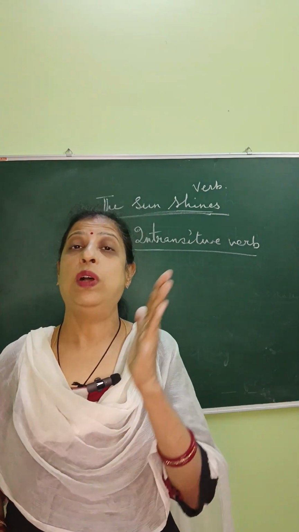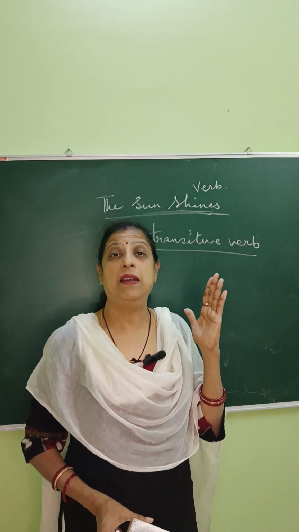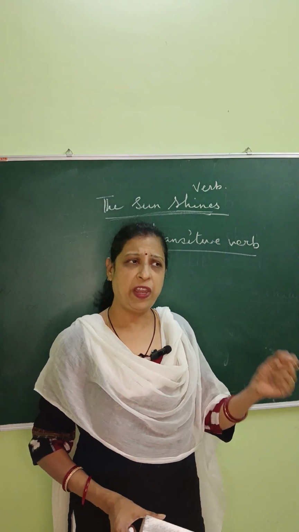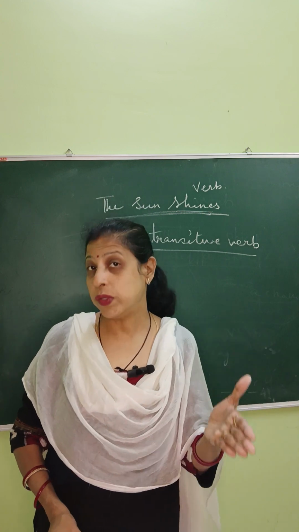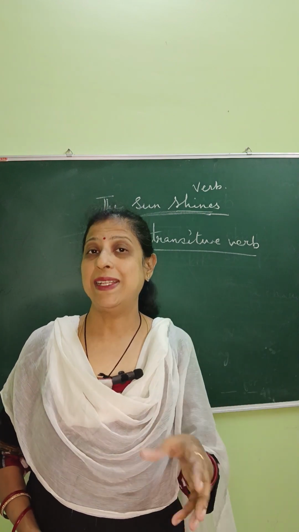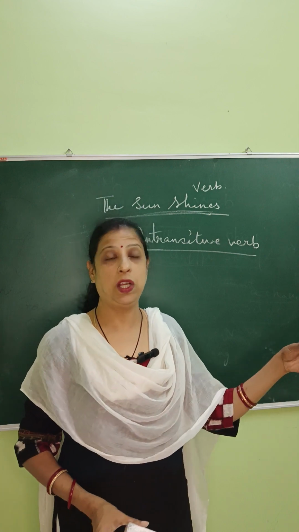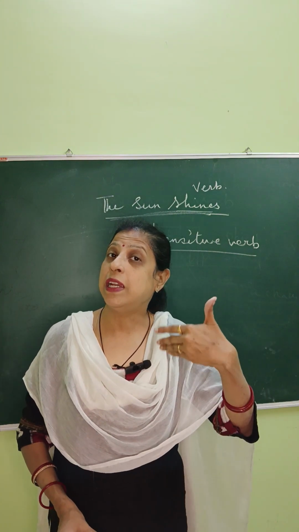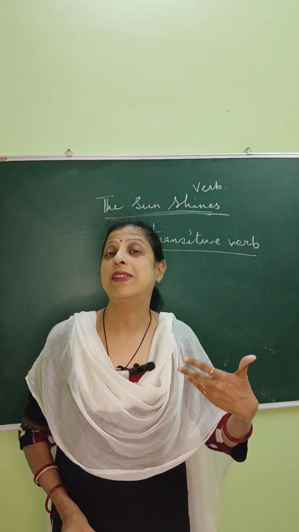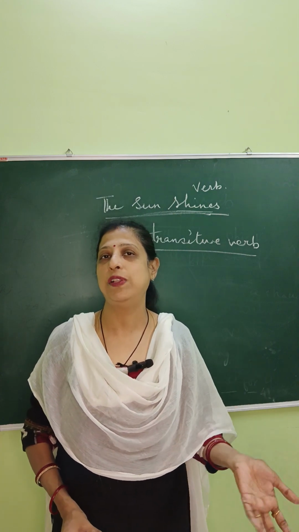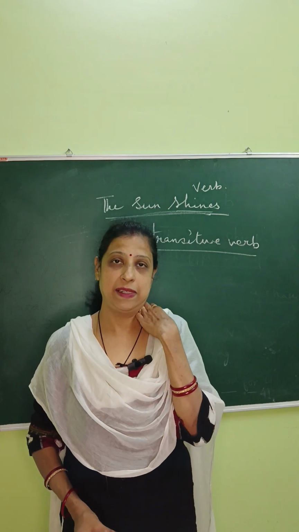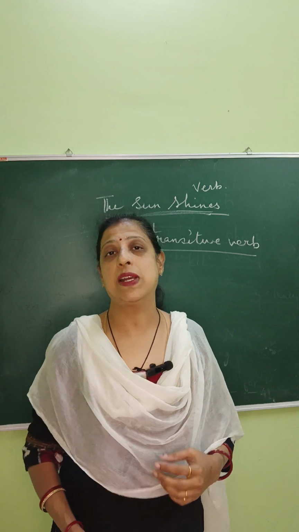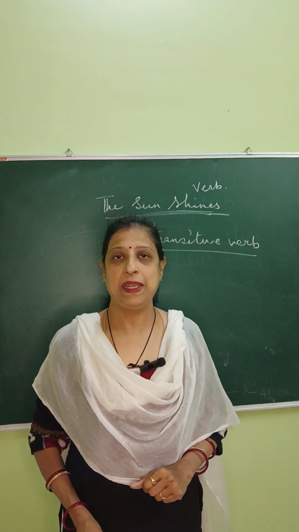A transitive verb requires an object to complete the sentence, whereas an intransitive verb does not require any object. It itself makes the full sense. So the sun shines is an intransitive verb. Am I clear?